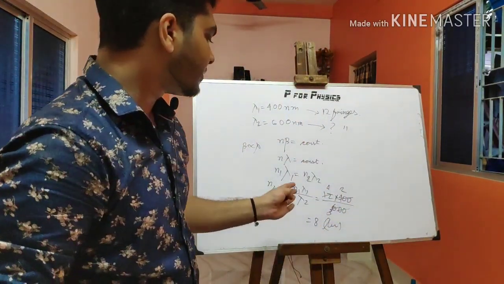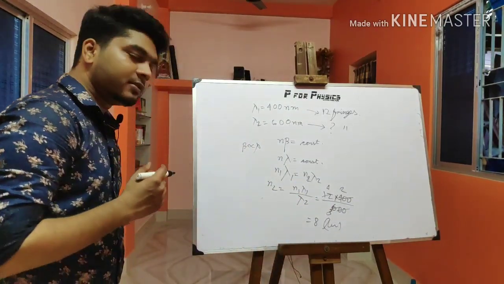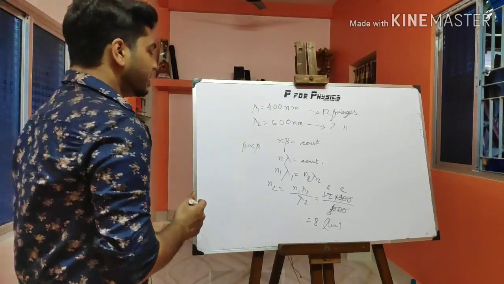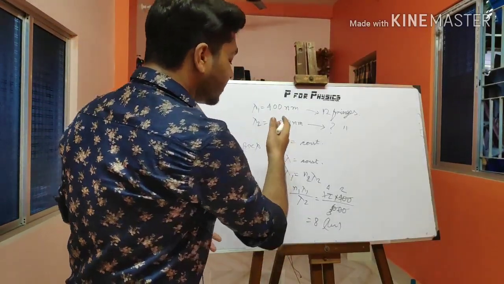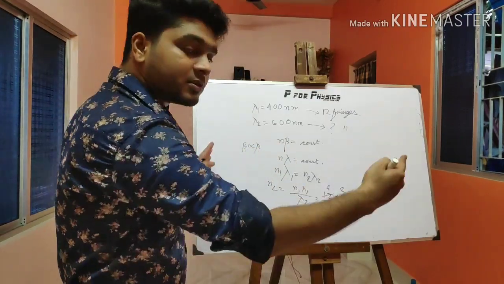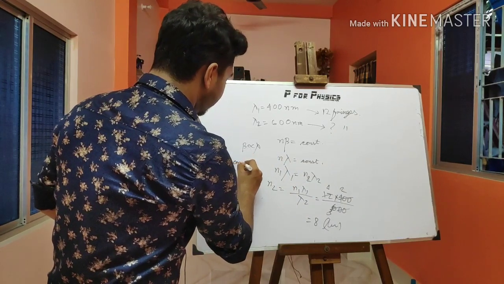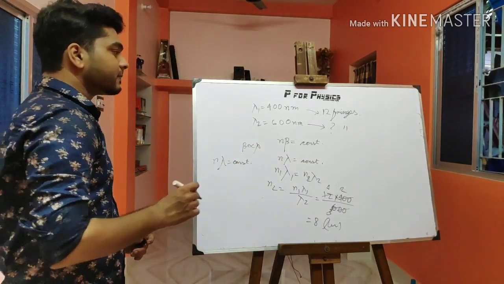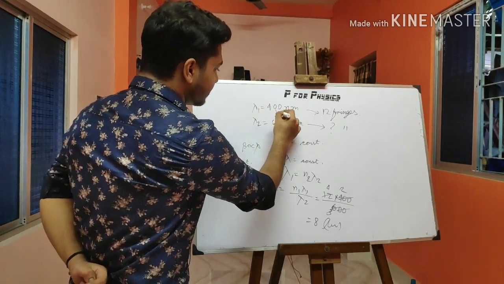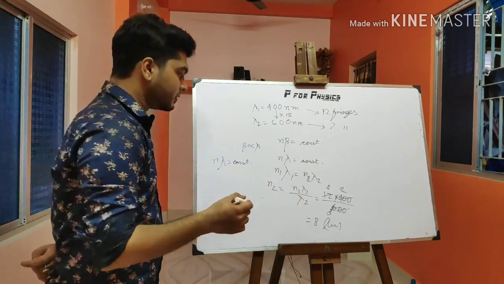So you can do it like this, or you can calculate in your mind, the way I like to do. Whenever I see this, I know that beta won't matter. I need only lambda, and the total distance is constant, so n into lambda is constant. That is in my mind. Now I see that from 400 to 600 you have to multiply by 1.5.